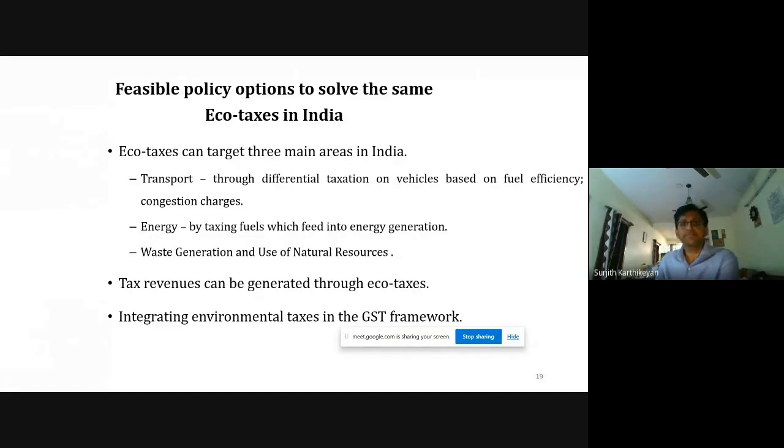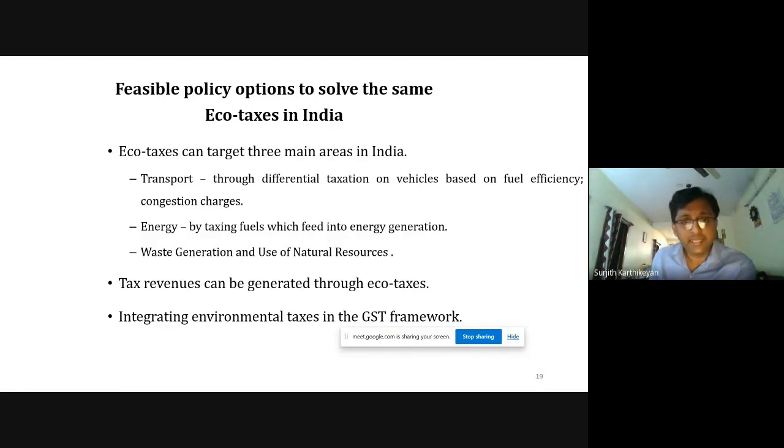So something like shifting into electric vehicles, or bringing more tax on petrol or diesel vehicles. In Delhi, diesel vehicles are charged more, and certain heavy vehicles are restricted from a particular place. The Delhi government had started all those measures.